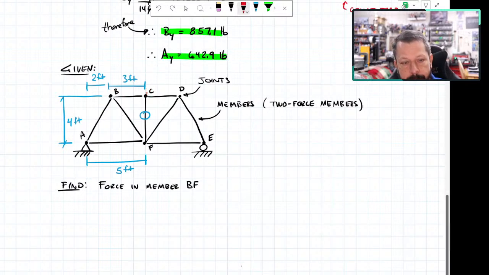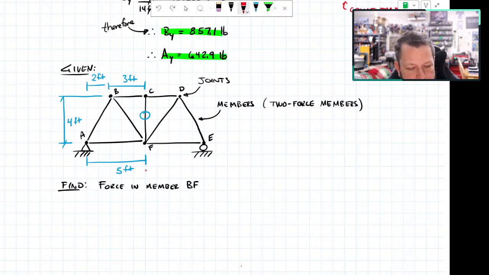So if all of those are true, 3 members at C, 2 of them collinear, no external force applied at C, it doesn't matter if it's applied down here and kind of pointing at C, that doesn't matter, it's not applied at C, then the third one, the non-collinear one, is a zero force member when this truss is in this loading configuration.